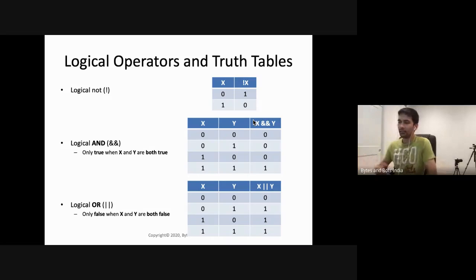So from this table of logical OR, we observe that if either one of the variables is true, the result is true. So this is a very key takeaway: in case of AND, both variables have to be true for the result to be true. But in case of OR, either one or both can be true and the result is still true. So OR is false only when both are false, right?